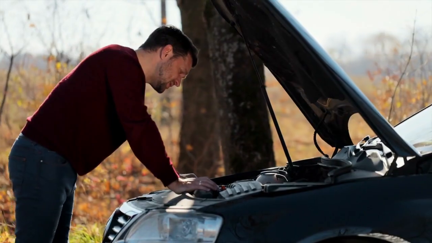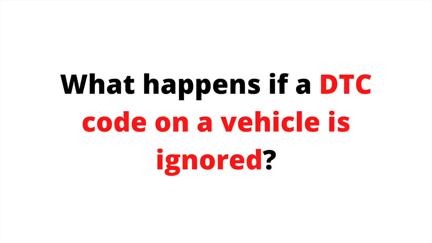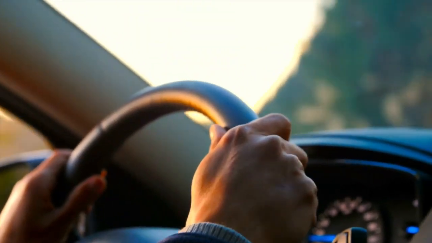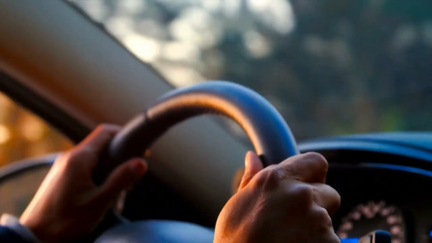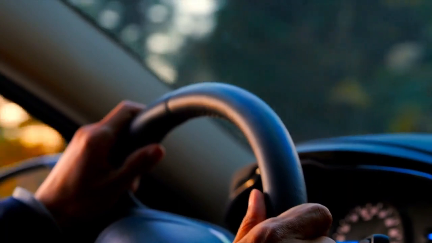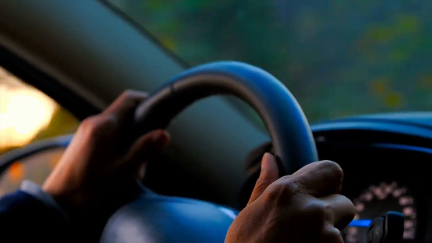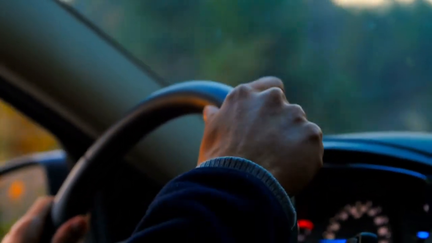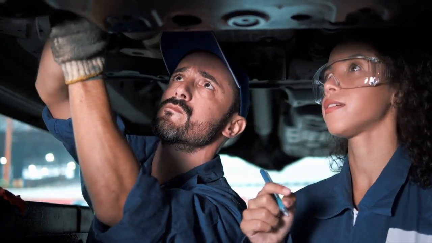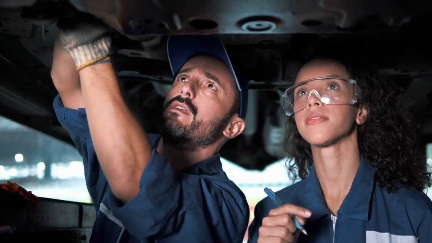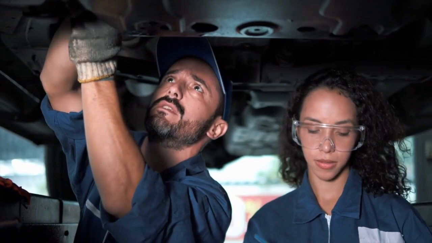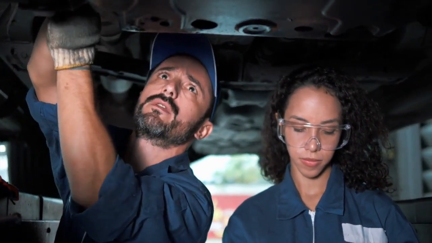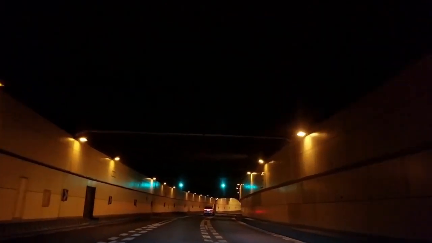What happens if a DTC code on a vehicle is ignored? Ignoring a DTC code on a vehicle can have serious consequences for the vehicle's performance and safety. Here are some of the possible consequences of ignoring a DTC code. Worsening of the problem. If the DTC code is left unresolved, the underlying problem can worsen over time and lead to more serious damage to the vehicle system. Increased repair costs.